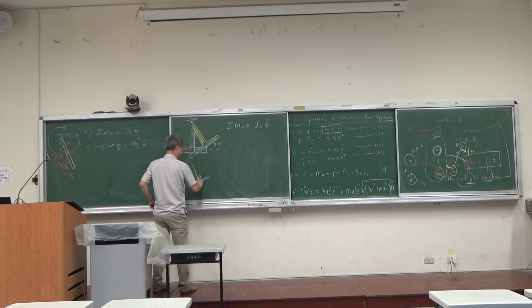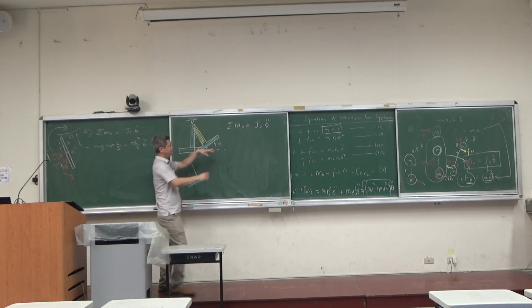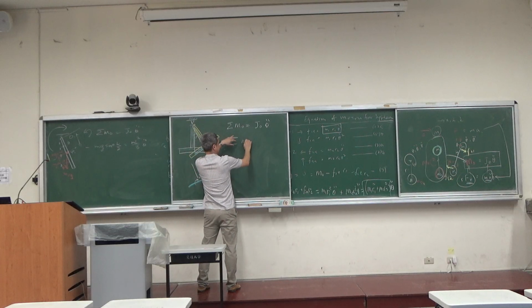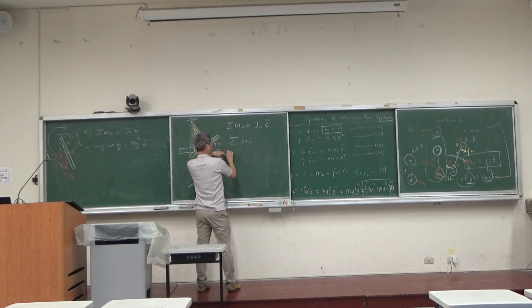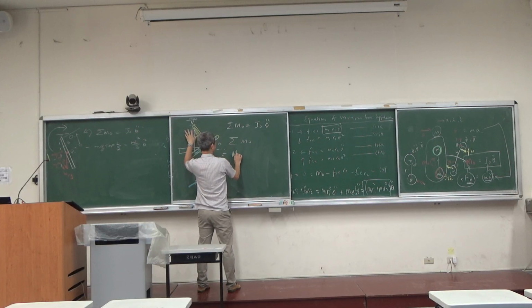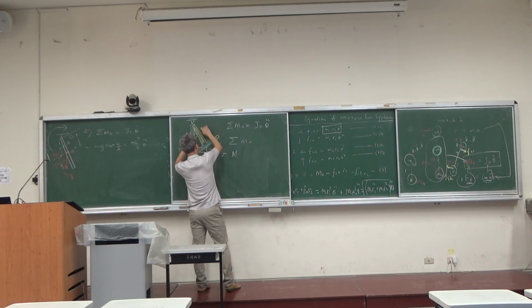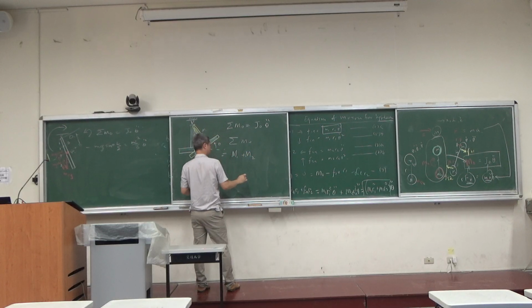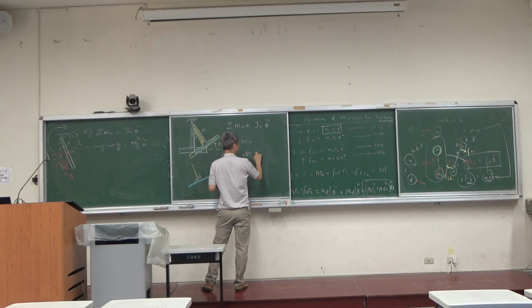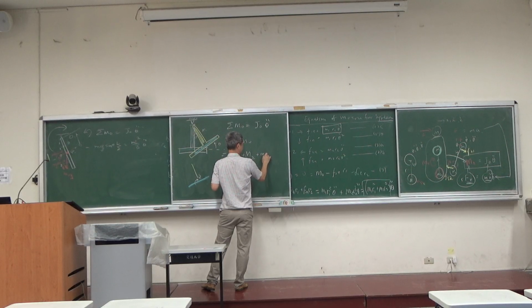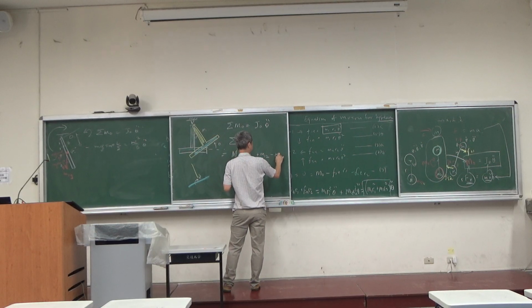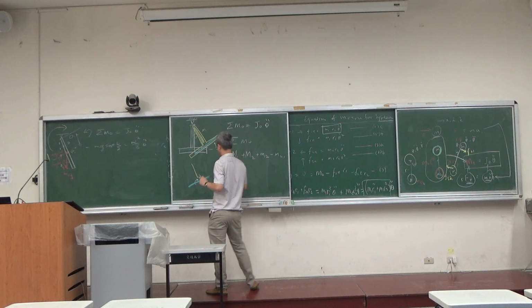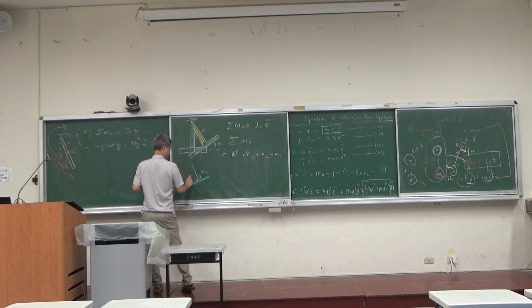Anyway, the moment sum you can write equal to moment 1, which is due to weight 1, plus moment 2 due to rod 2. You have in between M12 minus M21; they are opposing in direction.